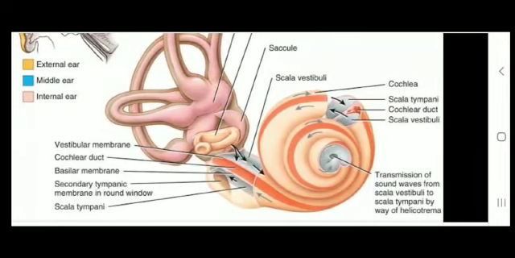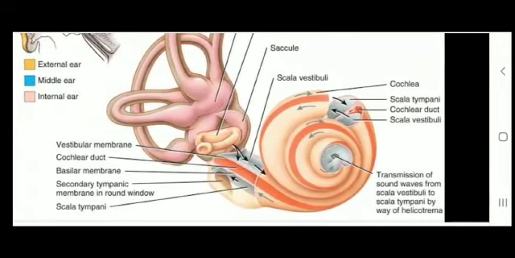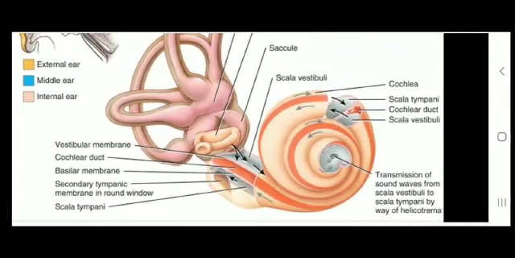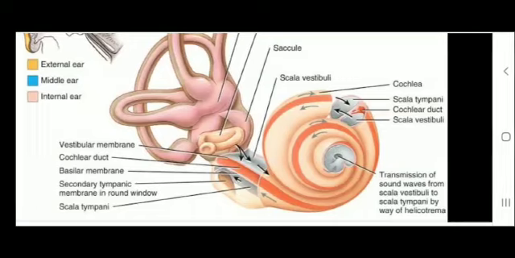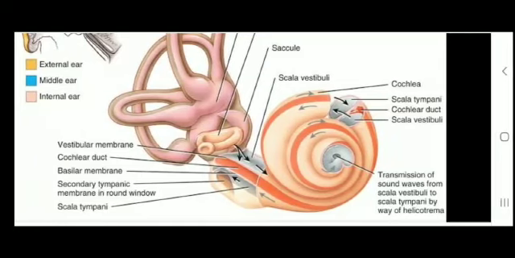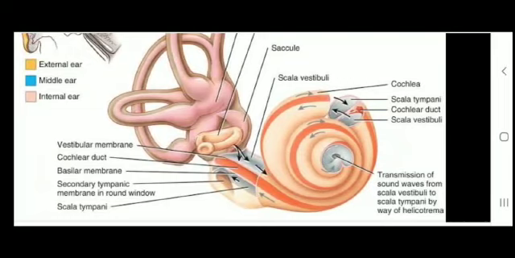The bony cochlea is a spiral tube which in humans has 2 and 3/4 turns around a central bone called the modiolus. The base of the modiolus is directed towards the internal acoustic meatus.